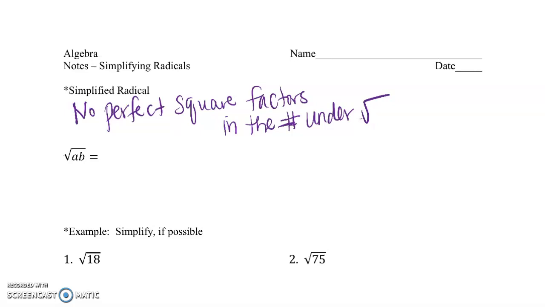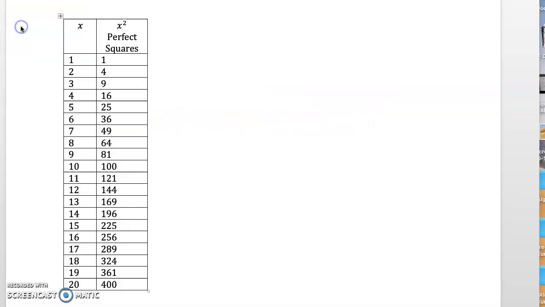So a couple of terms here. Perfect squares. You all have this little list. Let me find it here. Of the perfect squares. So the right-hand side are what were called perfect squares. What that means is you take the square root and you get a whole number. Like if you typed in the square root of 10, you're going to get a really weird decimal because nothing times itself is 10.